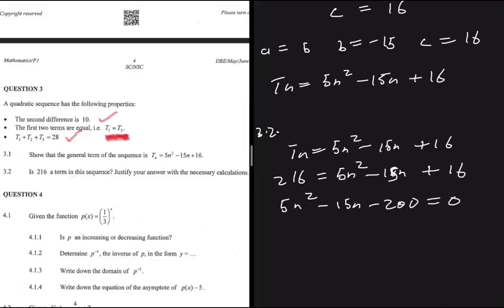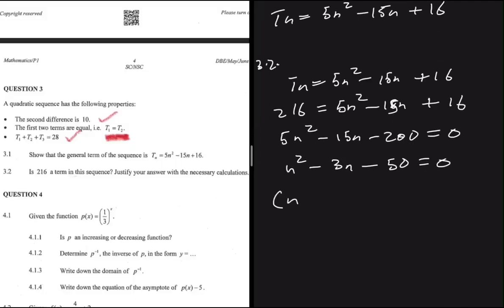It's easy to see here that we can take a common factor of 5 and divide both sides by 5 to get n squared minus 3n minus 40 being equal to 0. Let's try and factorize this. We are not able to factorize this without using the quadratic formula, and as a consequence, 216 is not a term in this sequence.